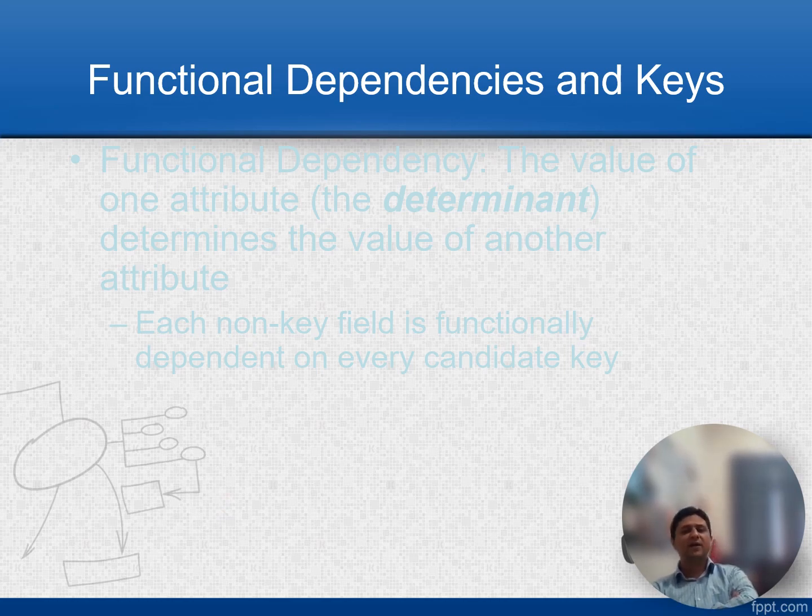So their values are not fully dependent on the complete composite key; rather, just a part of the composite key can determine their value. It would mean that those attributes are not fully functionally dependent on the composite primary key; rather they have partial dependency. They are partially dependent on the composite key.